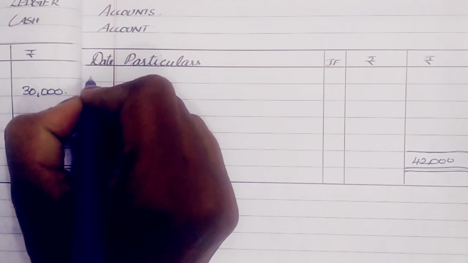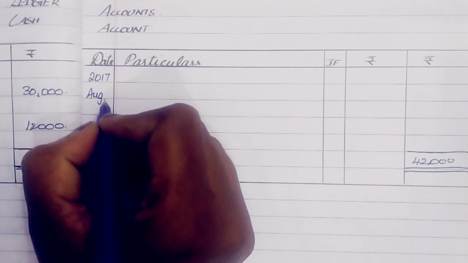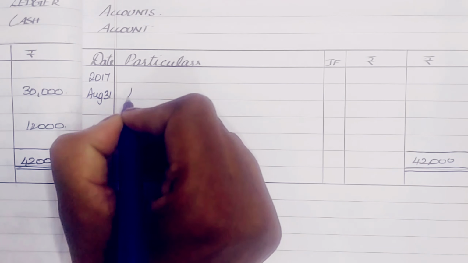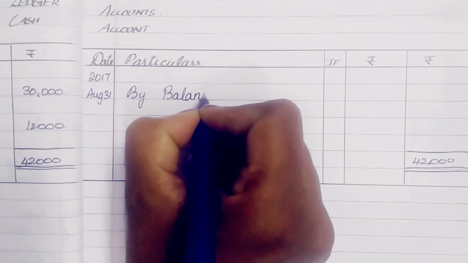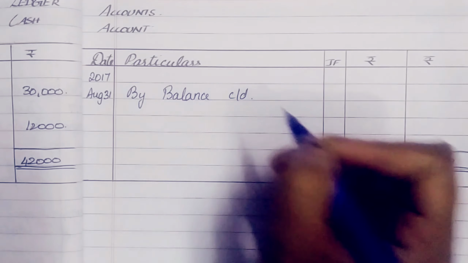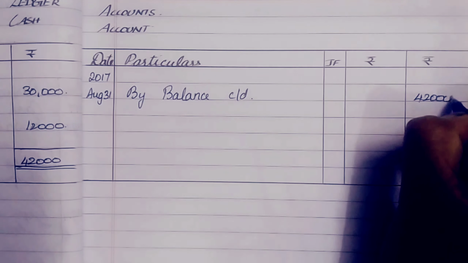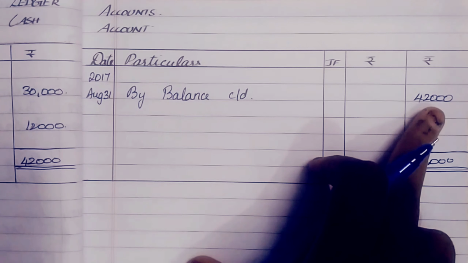So this side doesn't have anything. So on 2017 August 31st, by balance carried down. The same 42,000 with nothing is the same 42,000 to be recorded in the outer column.